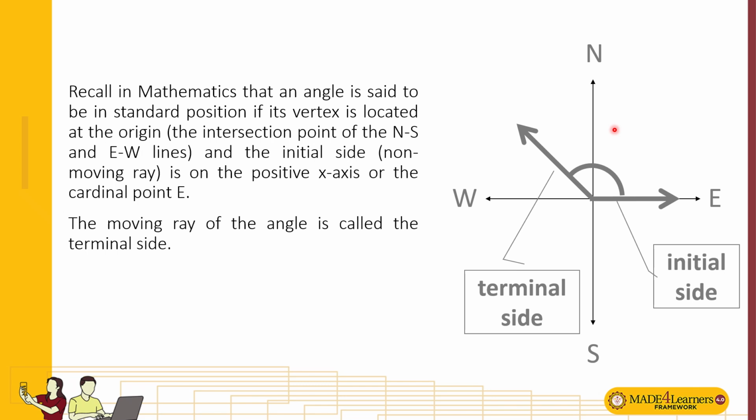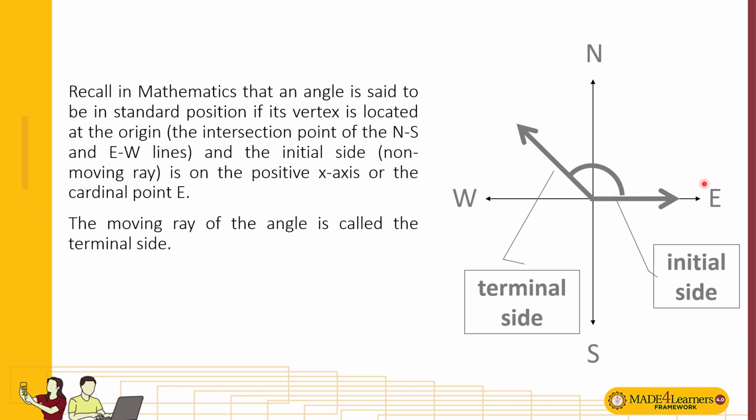Recalling first that an angle has two sides: one is the initial side and the other is the terminal side. The initial side is fixed while the terminal side is moving. The distance of this ray from the initial side tells us the magnitude of the angle.